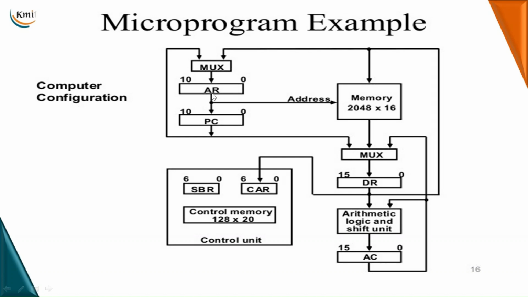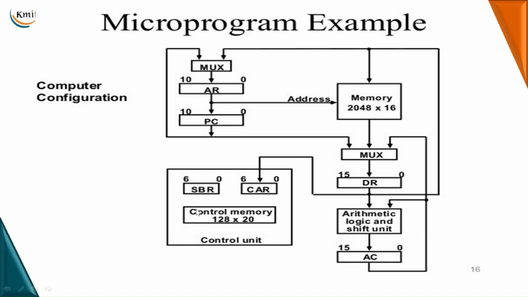The address register receives input in two ways: from the program counter or from the data register. The program counter can receive input from the address register. The memory receives an address from the address register, and based on that address, the particular information is searched in the memory. So this is how the registers of the computer work.